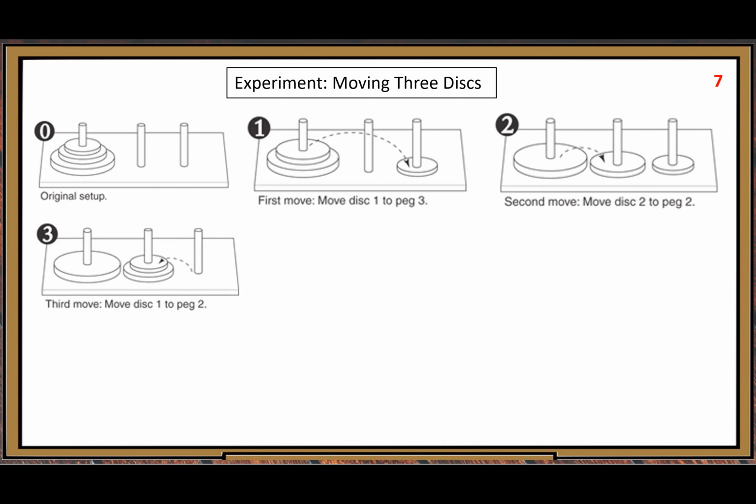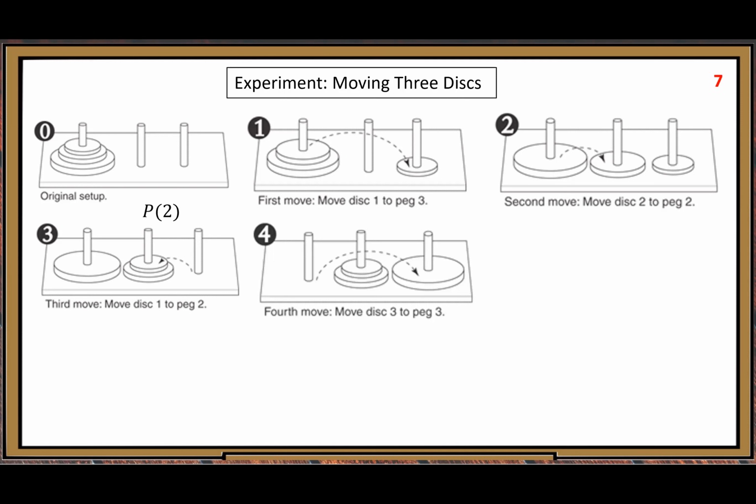So here you can see after you make that move, we solve the problem of size 2, P of 2. That means for the problem of size 2, we just move those two disks to a different peg, following the rules. So that's why you can make the assumption.